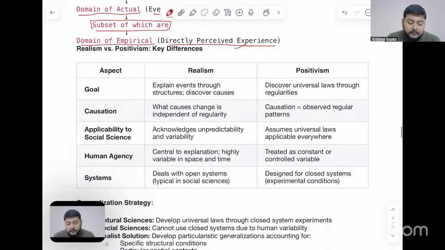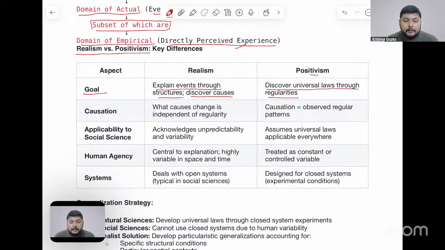Now, when we need to understand the difference between realism and positivism, when we look at the goal, realism says it explains events through structures and discovers causes, while positivism says it discovers universal laws through regularities. Causation: realism says what causes change is independent of regularity, while positivism says observed regular patterns can be seen here.